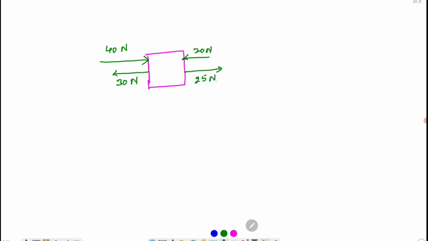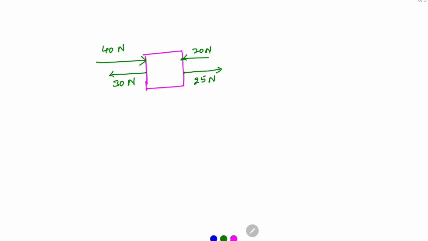Now this is your body. On this body, several forces are acting. See here, this is 40 Newton in the direction of east, and this is 30 Newton in the direction of west. Here 20 Newton in the direction of west, and 25 Newton in the direction of east.